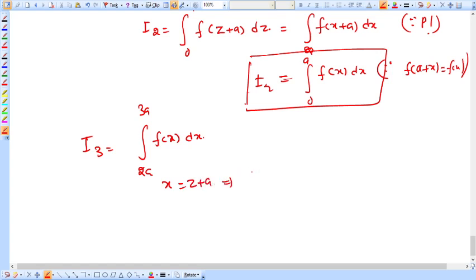This implies dx is equal to dz, okay. So this also implies that z is equal to x minus a. So when x is equal to 2a, z would be equal to a, and when x is equal to 3a, z would be equal to 2a.